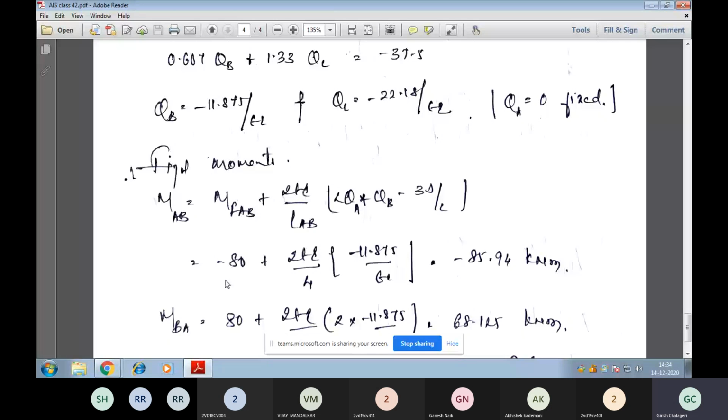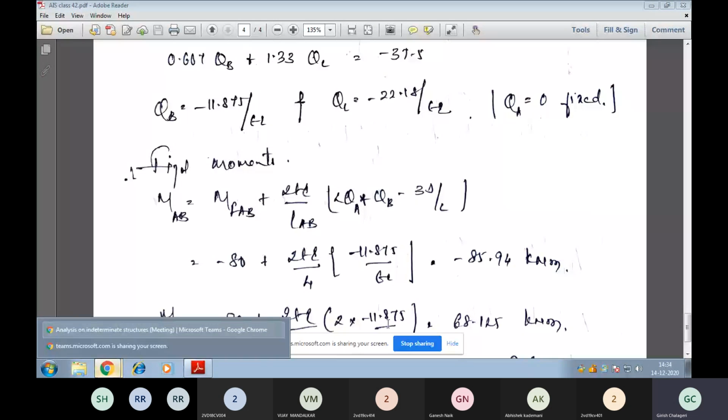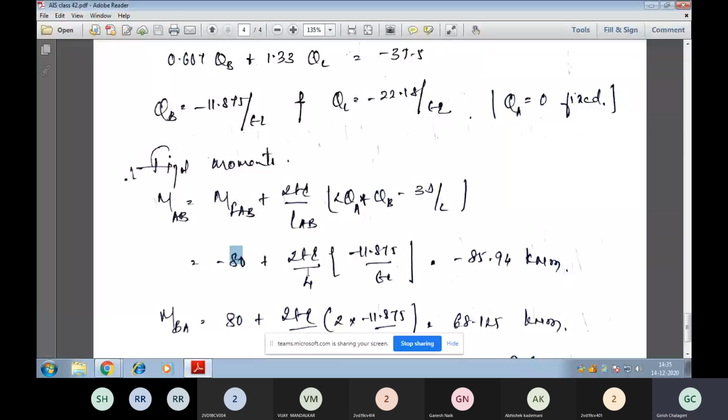Substitute all values. We can see here MFAB is minus 80, 2 EI divided by LAB. EI is the same here. LAB is nothing but 4 meters. So theta B is minus 11.875 divided by EI. Knowing this, substitute the values: minus 80, plus 2 by 4, that is 0.5 EI, into minus 11.875.